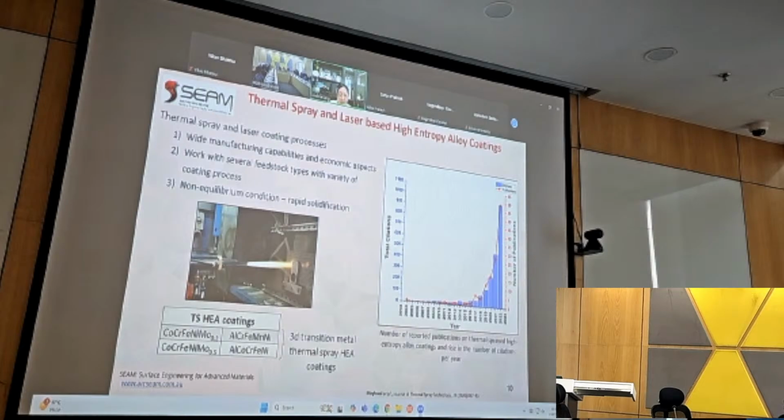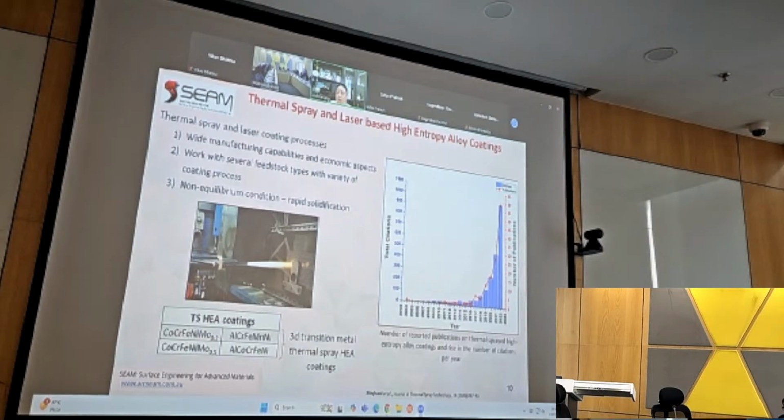And as you can see here from the graph on the right, there's an explosion of people coating various kinds of HEAs, and over the last 10 years or so, or 15 years when we captured this graph, over 1,000 papers.